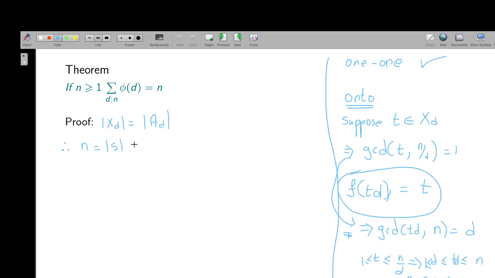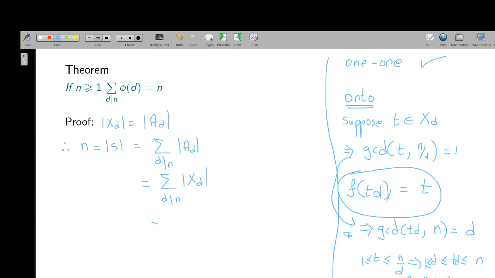But S we had broken up into a partition of the A_d's, so n is the sum of the cardinalities of A_d. But the number of elements in A_d is the same as the number of elements in X_d, so this is the cardinality of X_d.